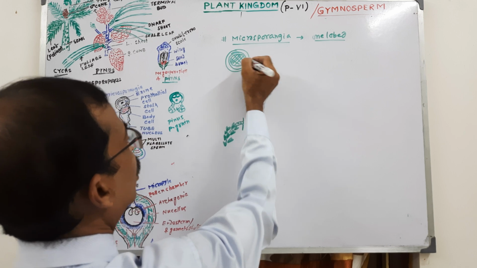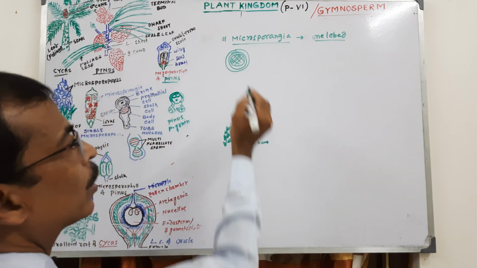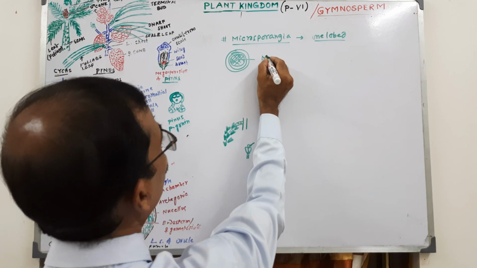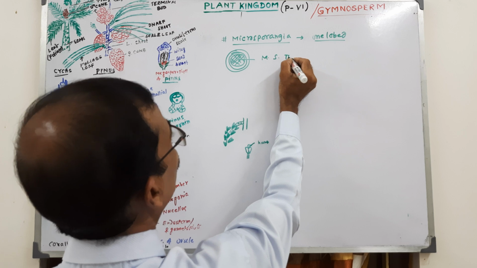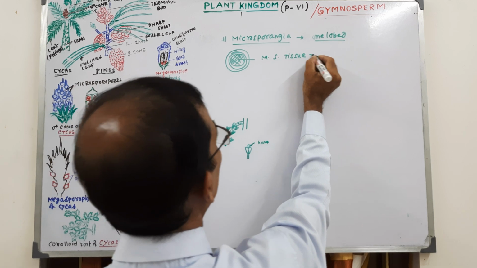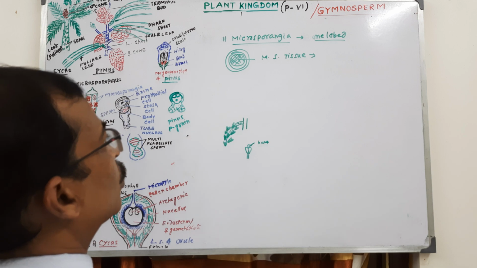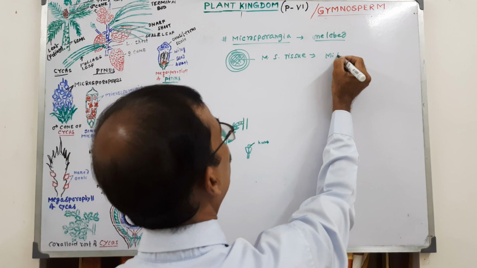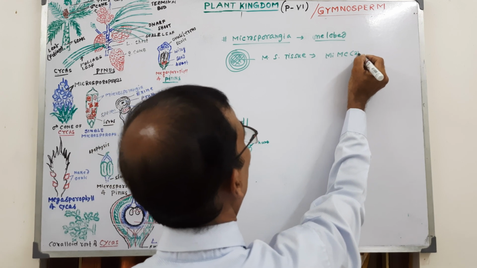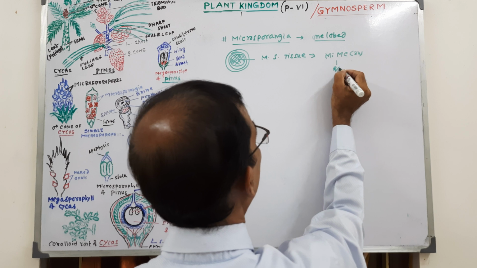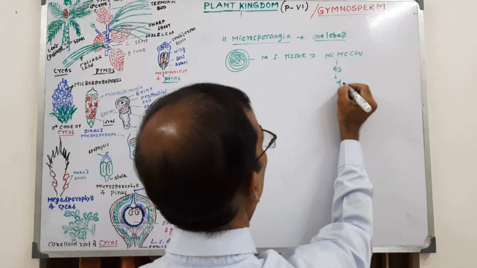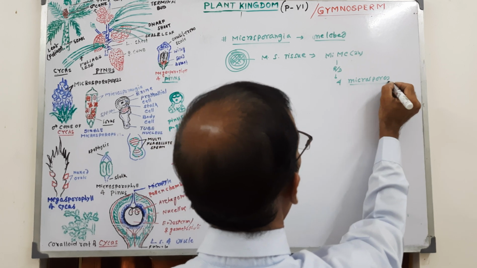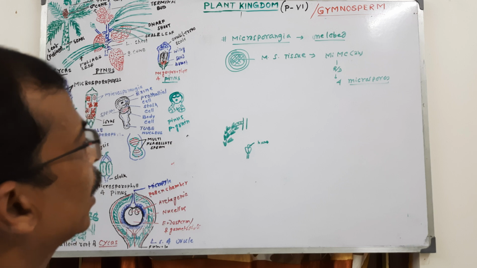The innermost wall layer is called the tapetum, like that of angiosperms, and this is the microsporogenous tissue. Each cell of the microsporogenous tissue converts into a microspore mother cell, obviously 2n, which on reductional division produces 4 microspores, and this microspore is the first cell of the male gametophyte.